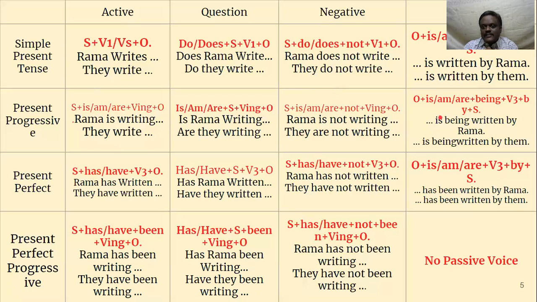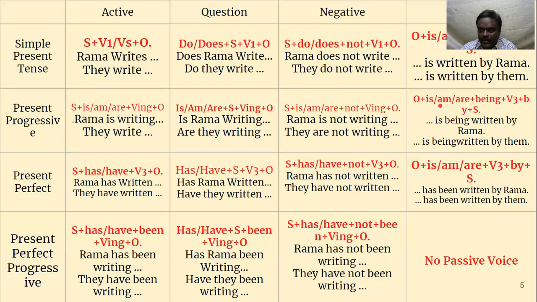If it comes to passive voice, same thing. I told you the object and subject have to be shuffled, and the object comes at the beginning of the sentence. Then here, let us see, the B form as it is will be there, but we have to use being plus V3. See, in the simple present tense, there is no being. B form plus V3.